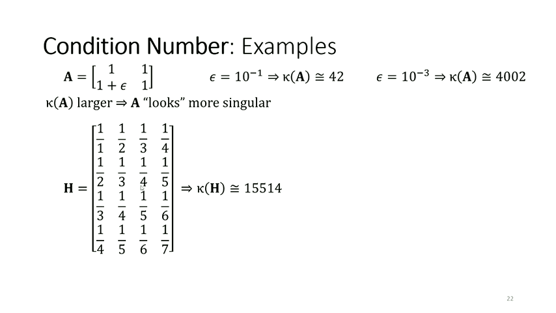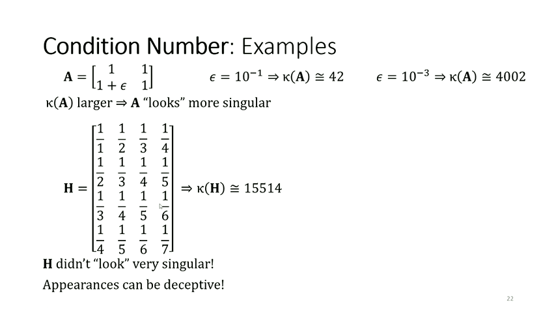But what happens when you actually take the condition number? It's so big. So it's not a very good matrix to deal with. So H doesn't look like it's close to singular, but the condition number is so high. It's a poorly conditioned matrix.